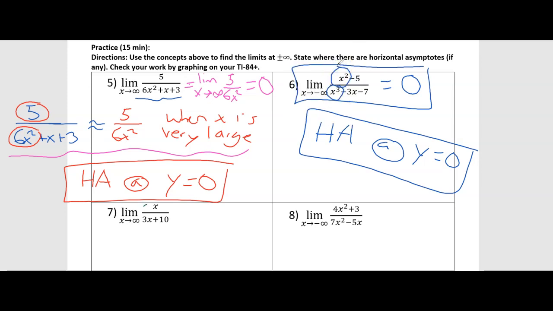All right, let's look at numbers 7 and 8. If I look at the two powers, the power of the numerator is 1, the power of the denominator is 1. So in this case, I look at the ratio of the coefficients. There's really a 1 in front of the x. So my ratio is 1 over 3, which means I have a horizontal asymptote at y equals 1/3.